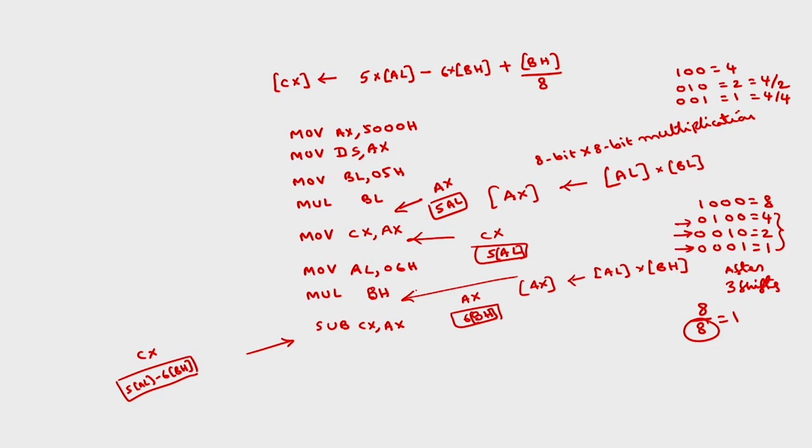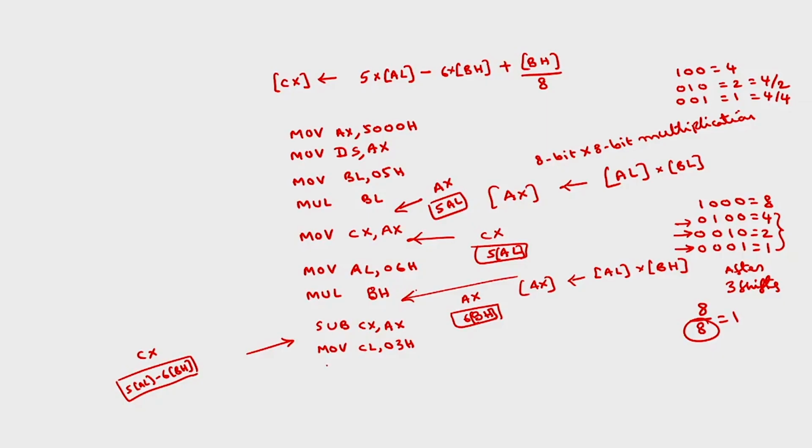In that case you can use MOV CL, 03H, the number of bits to be shifted. If it is a single bit shift, I can specify in the instruction itself, whereas if you want to shift by more than 1 bit, you have to take it into CL by default, as I have discussed in the instruction set.